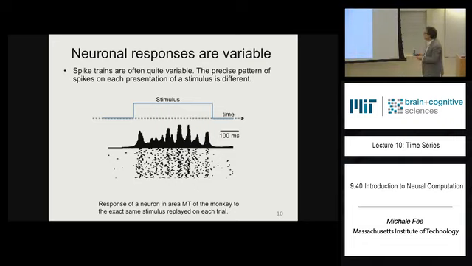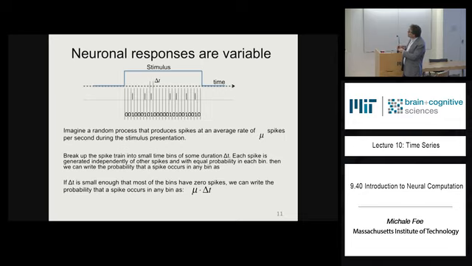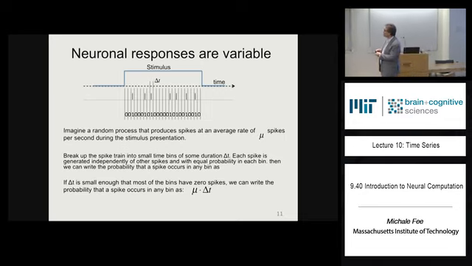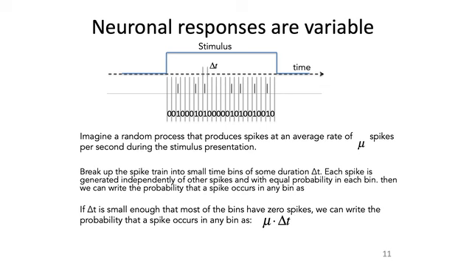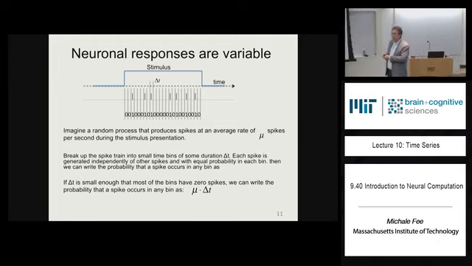So let's break that time window up into little tiny bins delta t. Now, if these spikes occur randomly, then they're generated independently of any other spikes with an equal probability in each bin.